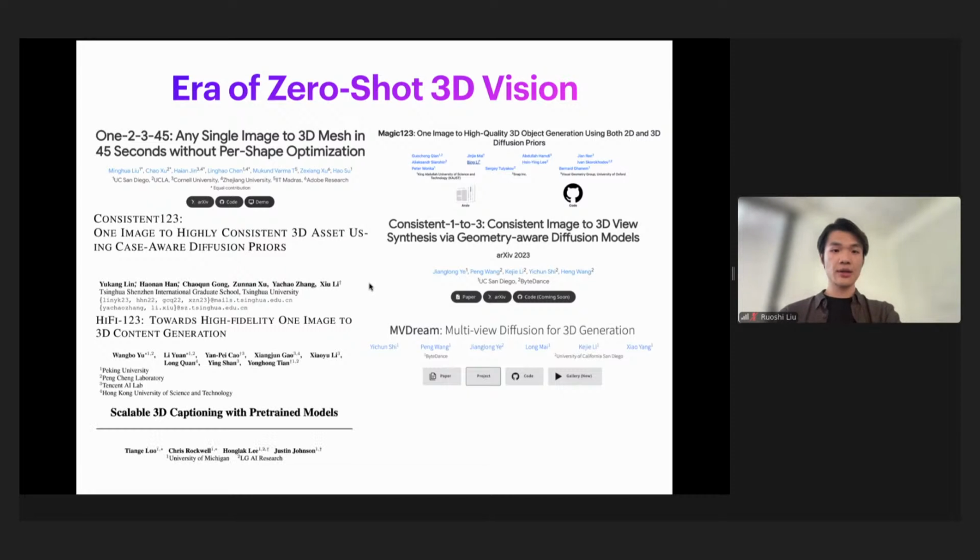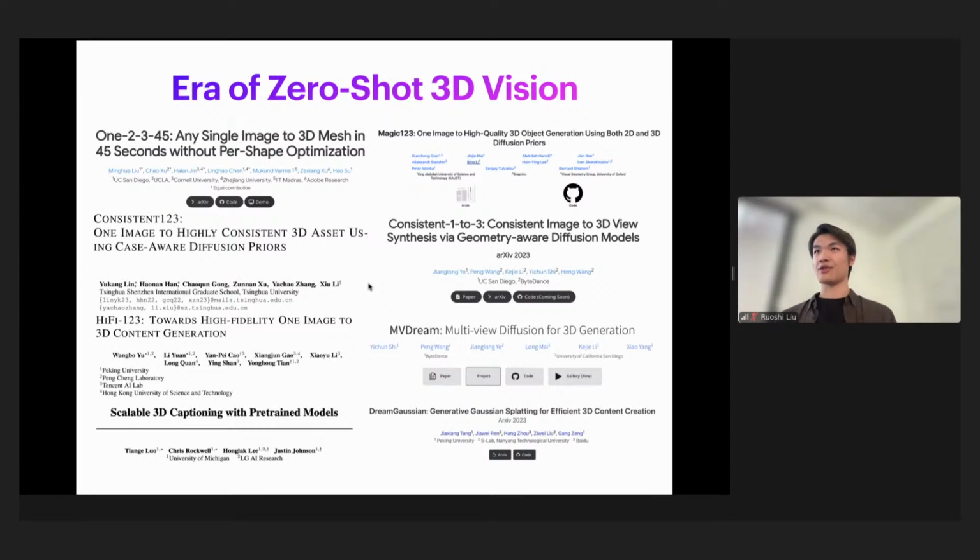There's Scalable 3D Captioning, which uses Zero-1-to-3 to caption 3D assets. And there's DreamGaussian, which I mentioned, that replaces the NeRF with Gaussian splatting to accelerate the 3D reconstruction framework.